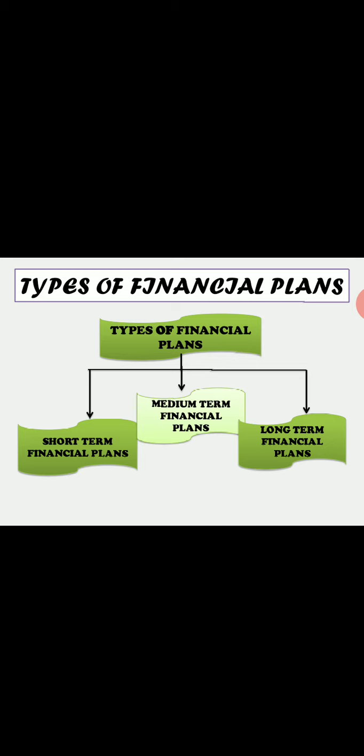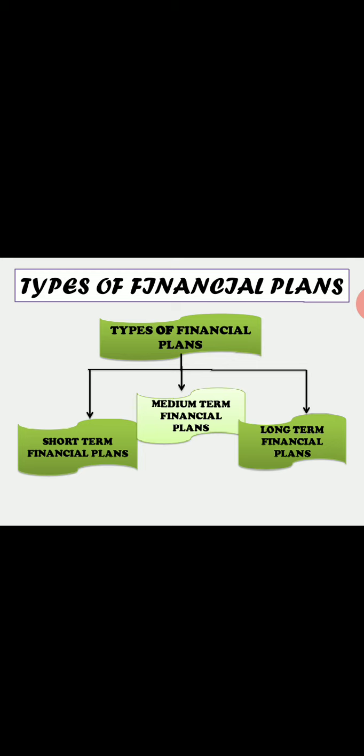And when can you think of expansion and diversification? Only when your existing business is doing absolutely great, that is financially sound, you can think of expanding, you can think of diversifying your business. So all these talk about the long term financial plans. So to sum up, the long term financial plan is prepared for a period of more than 5 years, fine.